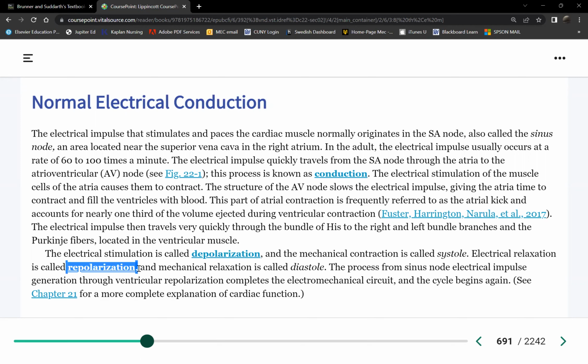What were the two abnormal rhythms that can be defibrillated? Pulseless ventricular tachycardia and ventricular fibrillation. No, not AFib. VFib. Okay, so only ventricular fibrillation and ventricular tachycardia.